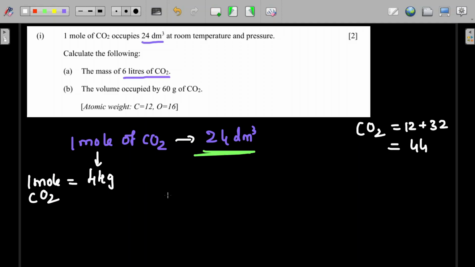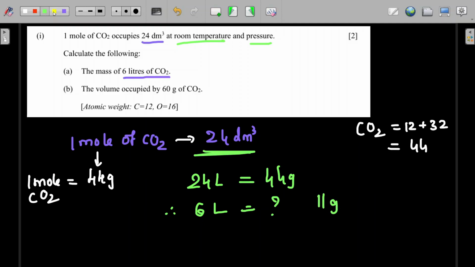No, they have given 24 now. Have they given STP? No. They have given the value 24 dm cube at room temperature and pressure. So you have to use that. So 24 liter is weighing how much? 44 gram. Therefore, 6 liter will weigh how much? Simple calculation. It will be 11. Sorry, that was my mistake.